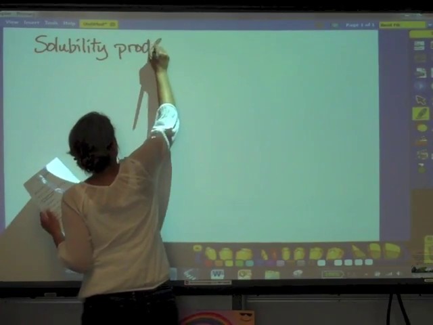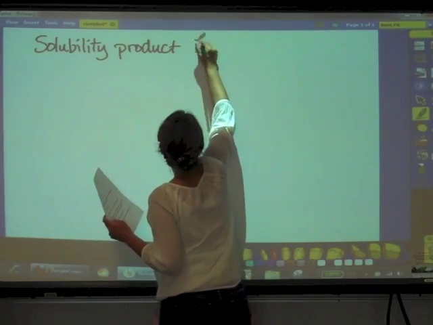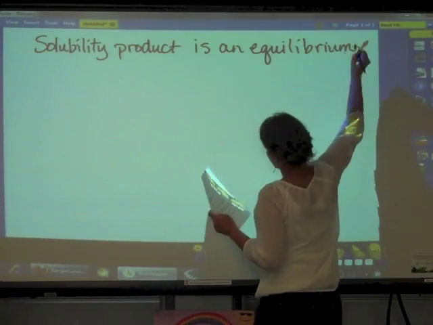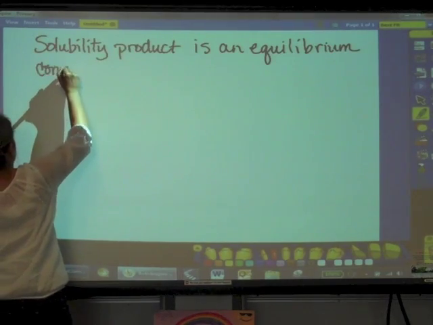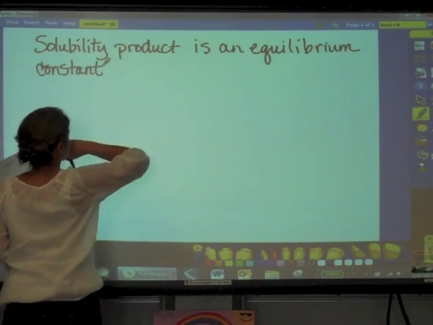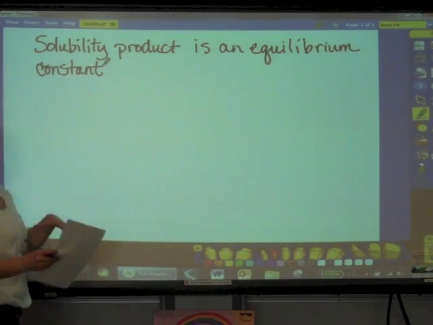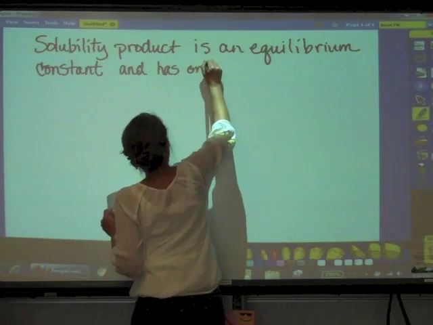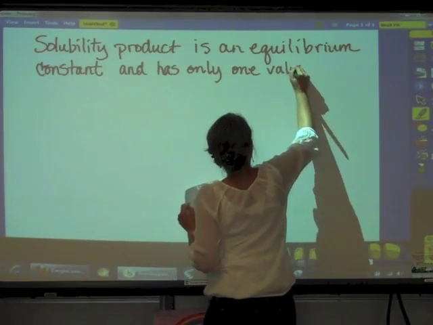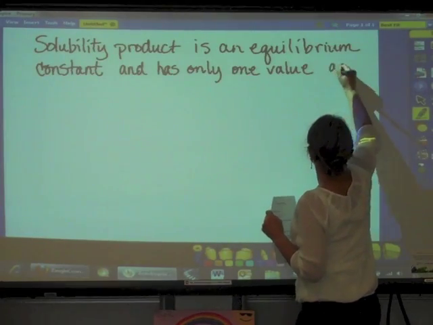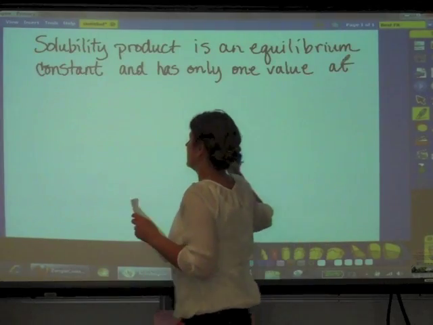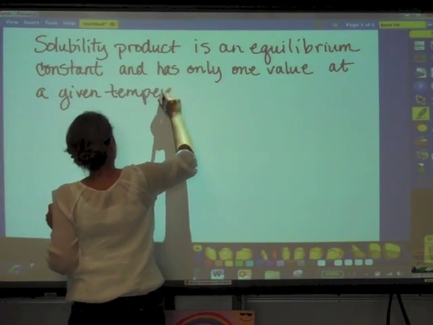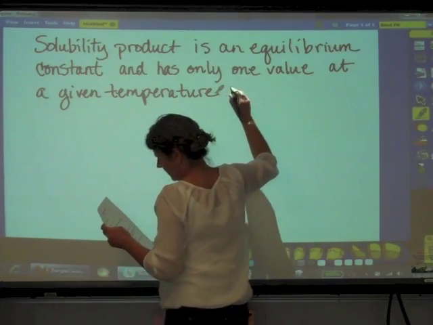Solubility product is an equilibrium constant and has only one value at a given temperature for a given solid.